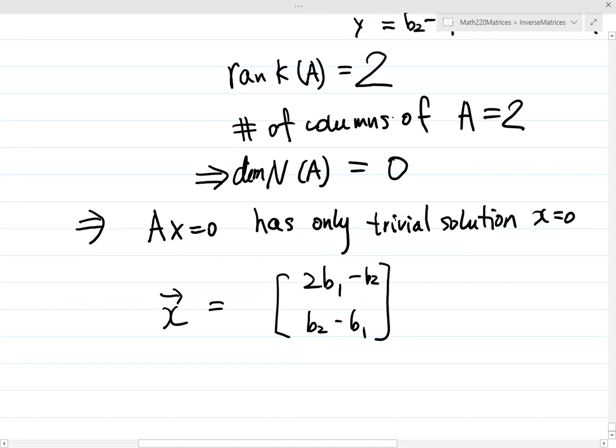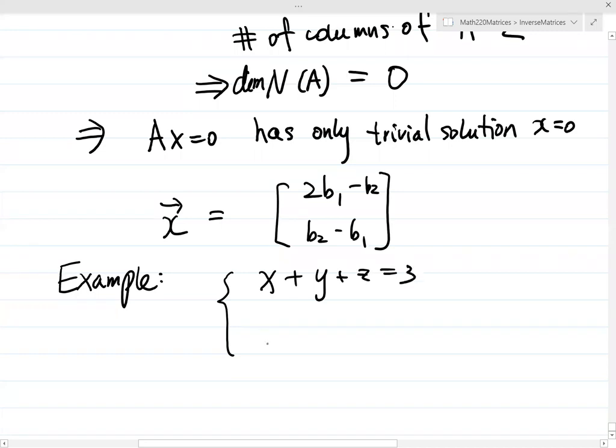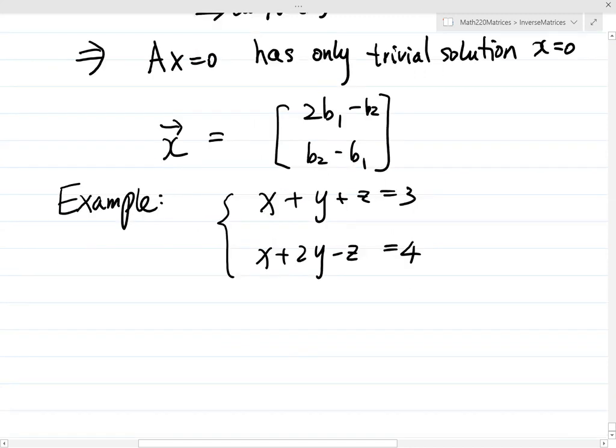Okay, more examples. Let's see this example. x plus y plus z is 3. x plus 2y minus z is 4. Now if you write this as a matrix, this will be Ax equals b.